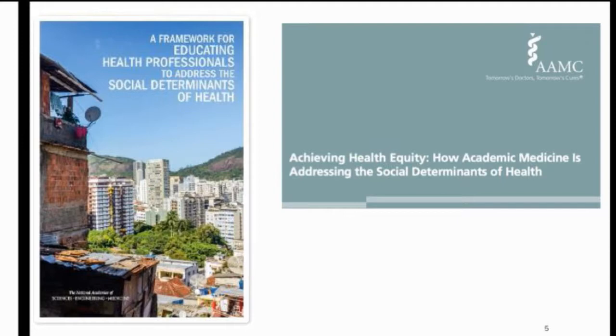We have blue ribbon panels, we have white papers, we have really important organizations. On the left is the National Academy of Sciences, on the right is the AAMC, talking about how we go about trying to deal with this, because it is a matter of some urgency to get this information incorporated into our teaching so that trainees can learn it, so that they can practice medicine in a way that's informed by it.